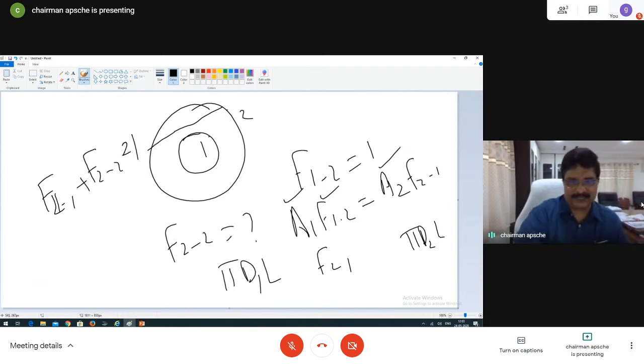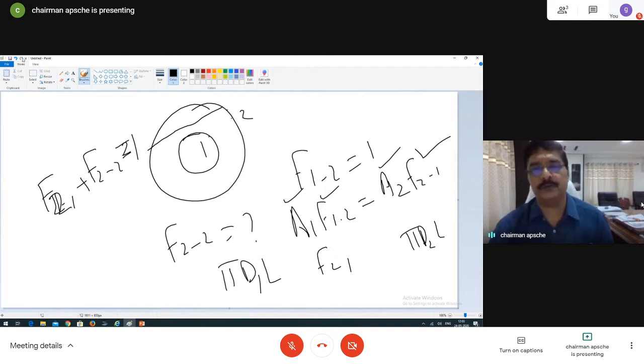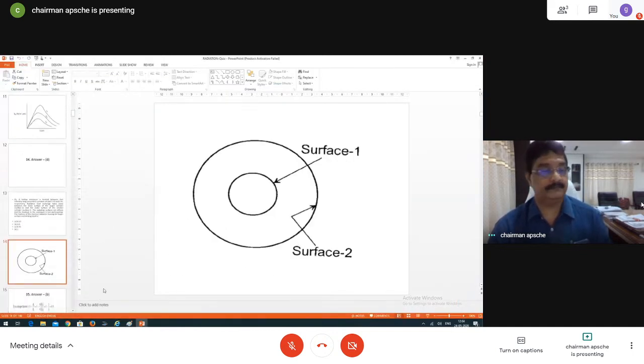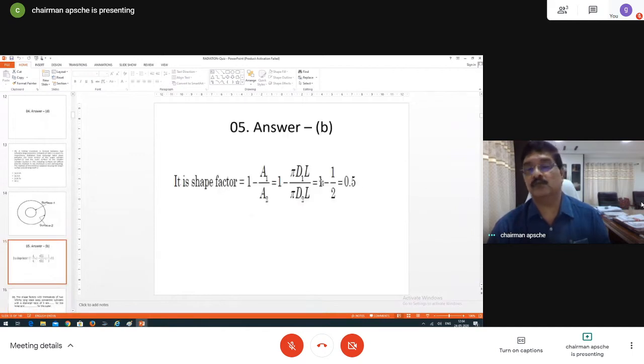That is the summation rule because it is interacting with only 2 surfaces. F2 to 1 you calculated here. F2 to 1, F2 to 2 you can calculate. So from this, you get 0.5.